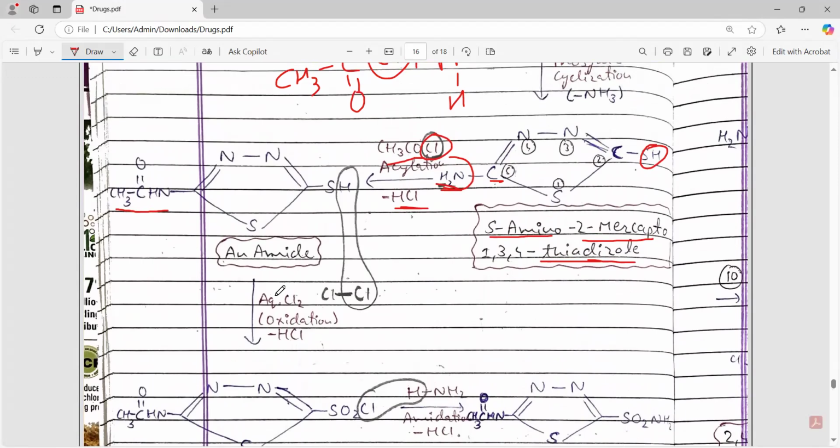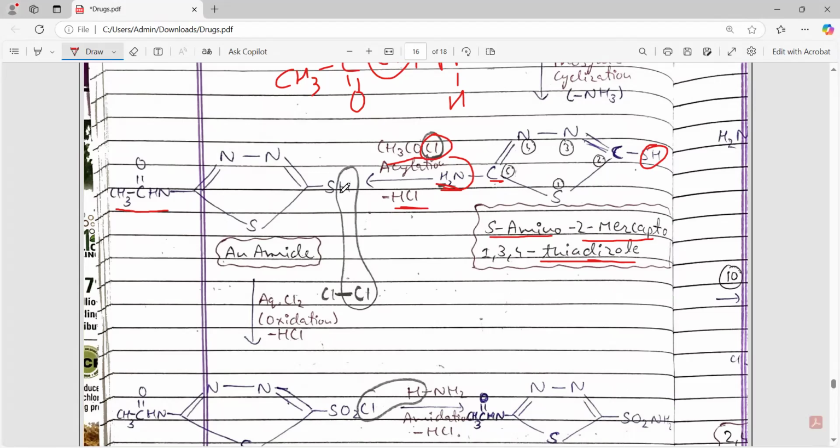Then after, here aqueous Cl2, or we can say oxidation, takes place. So Cl will be there, and this sulfur having attached hydrogen, so HCl will be removed, and sulfur having Cl.